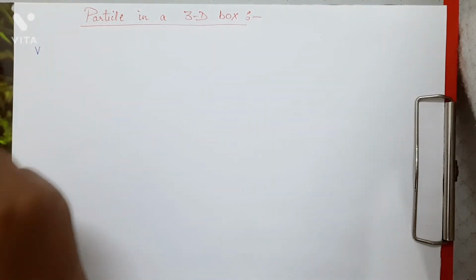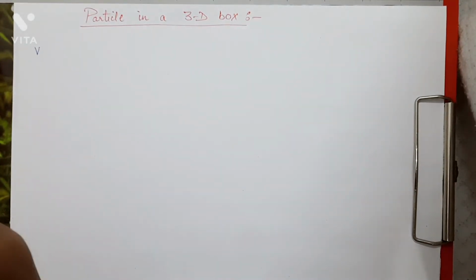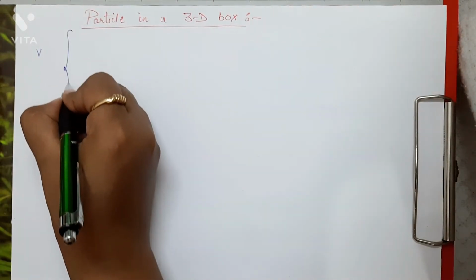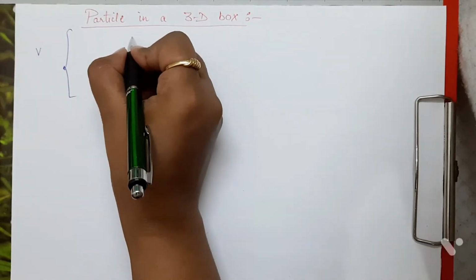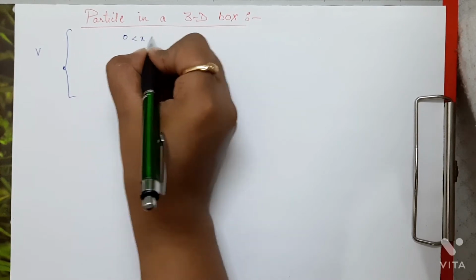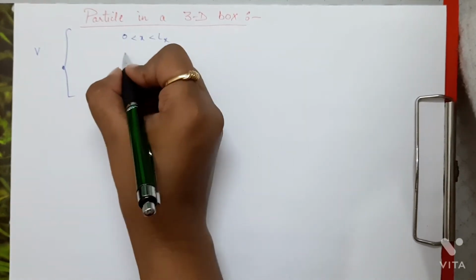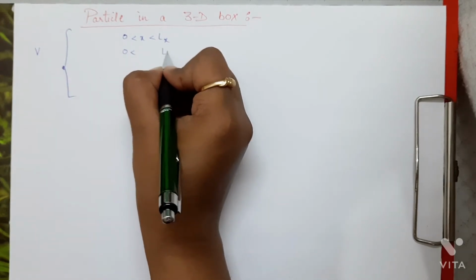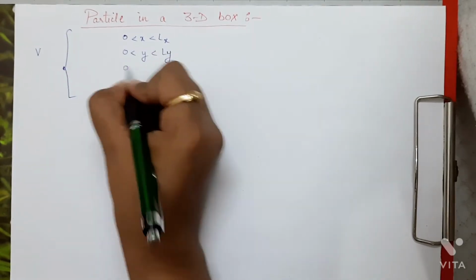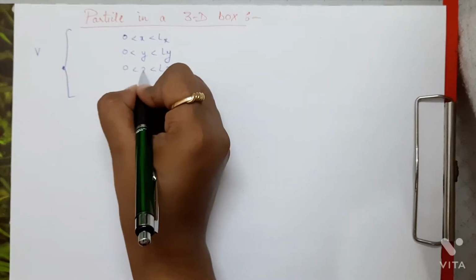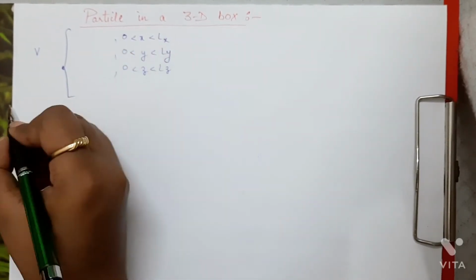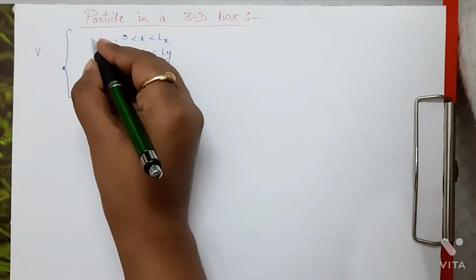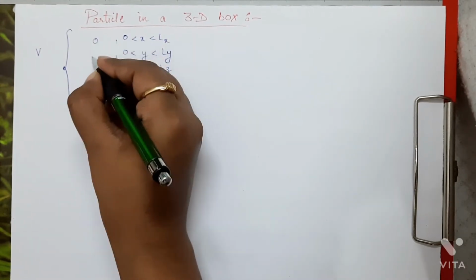If we have a particle in a 3D box, then inside that box, along the x-axis, y-axis and z-axis, the value of potential is going to be 0.